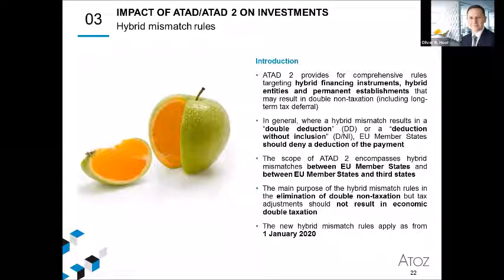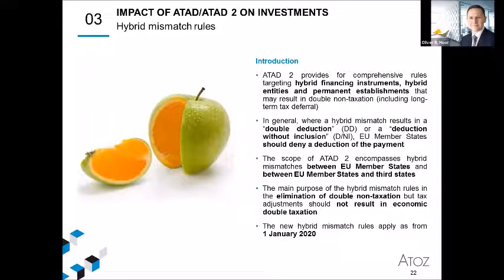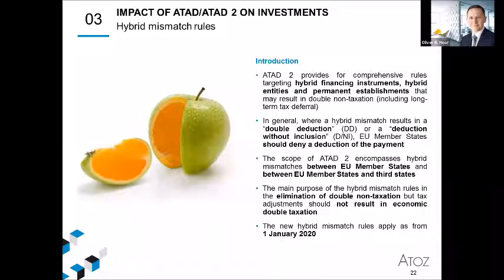In the US, one would not tax the income because one would say there's not enough nexus in the US to see a fiscal presence. So no taxation in the US, and in Luxembourg, one would say we have a tax treaty with the United States and therefore we exempt the income under this tax treaty. That would also result in double non-taxation, while the interest payment could have been deductible at the level of the borrower. All these situations are tackled by the hybrid mismatch rules provided under ATAD 2.